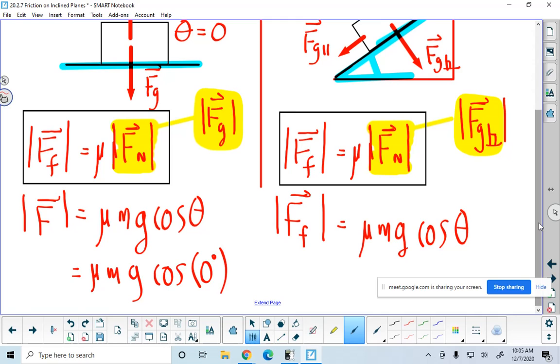It's 1. Which means we're going to have mu times m times g times 1, which is mu mg, which is the formula we developed. So what I'm telling you is you could use, just to memorize it, mu mg cos theta all the time.